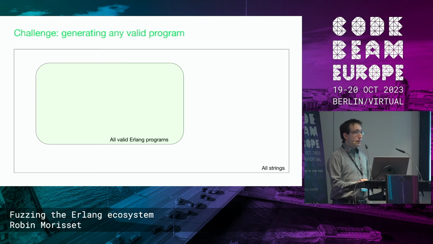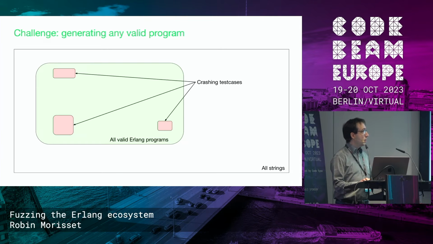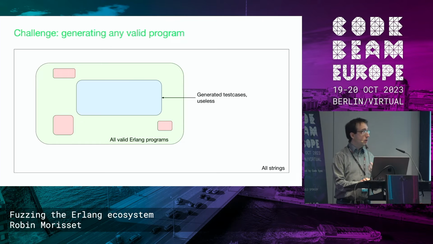So I said generate Erlang. What does it mean? The problem is that only a few Erlang programs trigger the bugs that we're looking for. So if we only generate a sample from a small subset of all valid Erlang programs, we are likely to miss the bugs that we're trying to find.